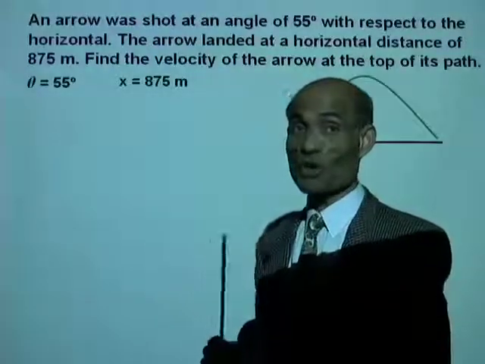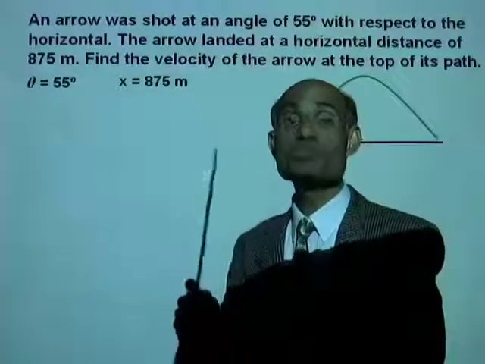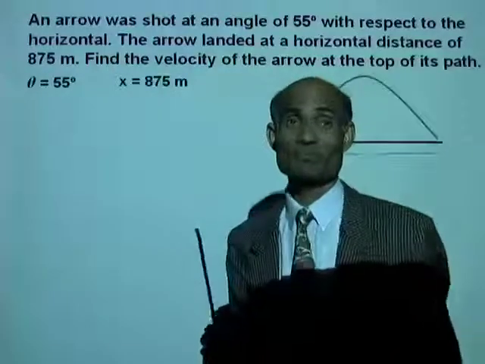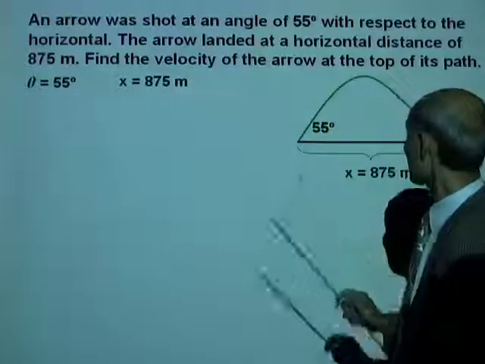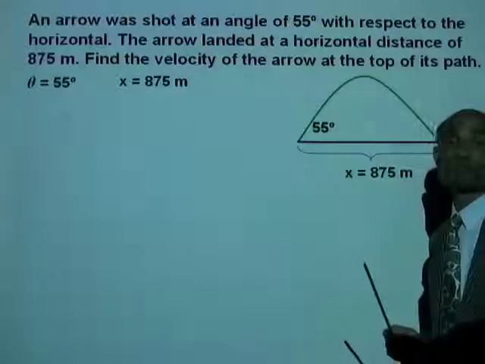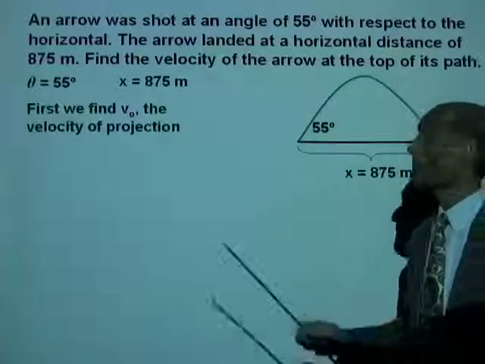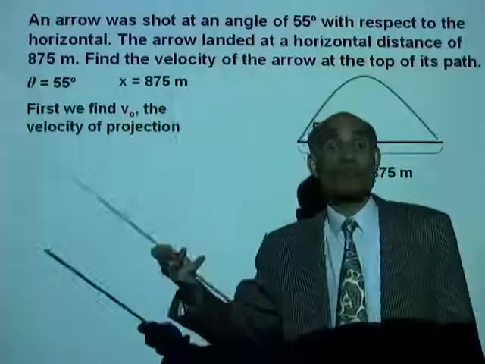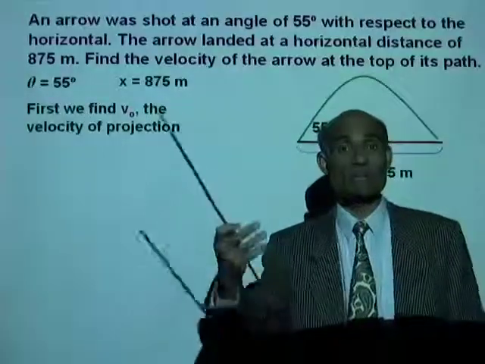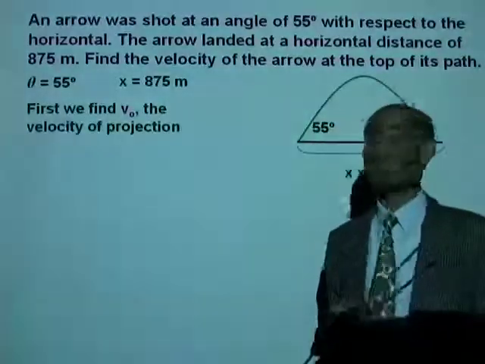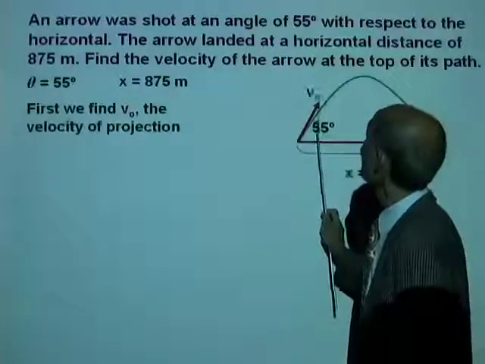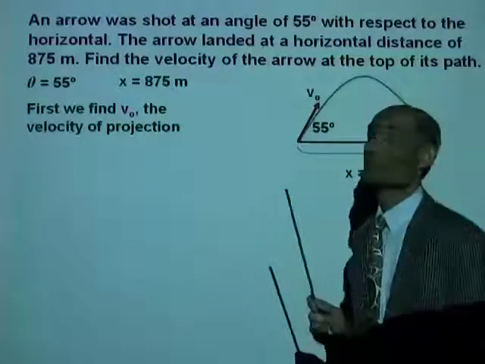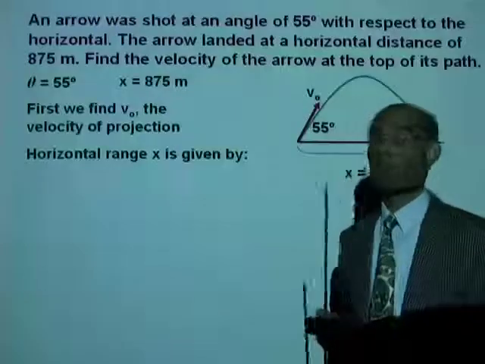And the horizontal velocity is V0 cos theta. So, x equal to 875 meters. First, we find V0, the velocity of projection. Without that, we cannot answer this question. So we need to find V0, the velocity of projection.